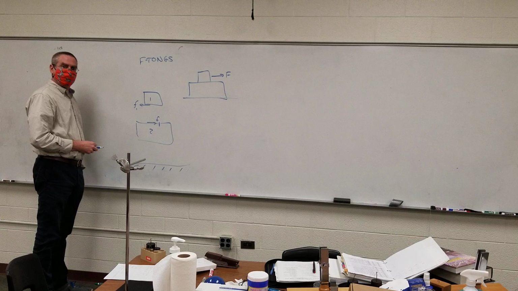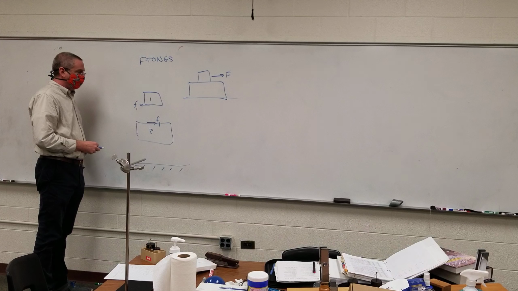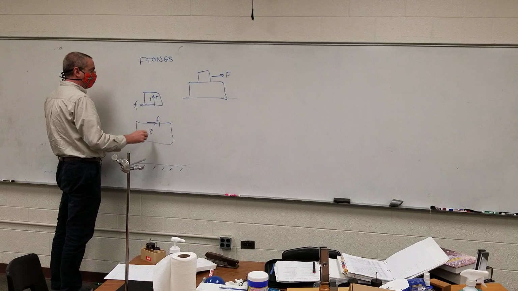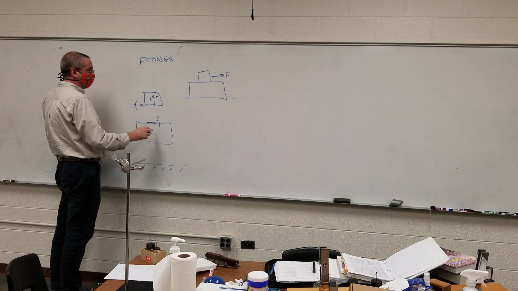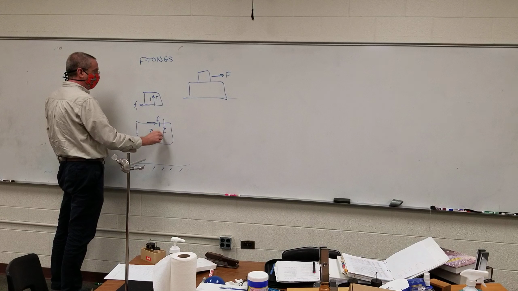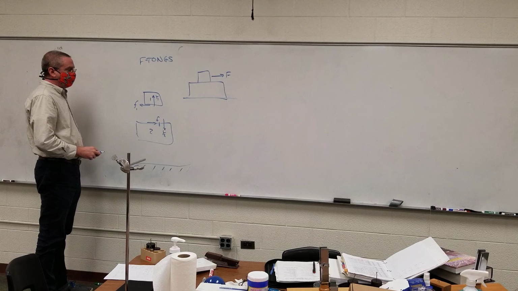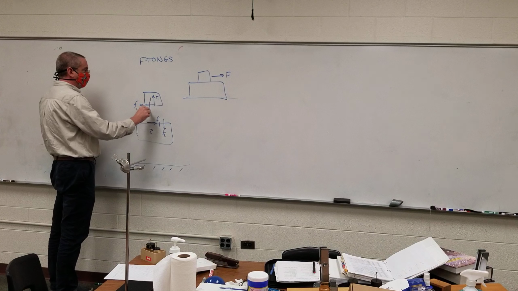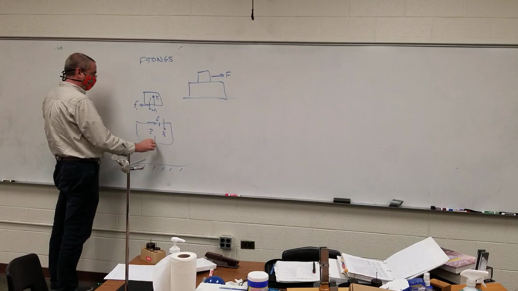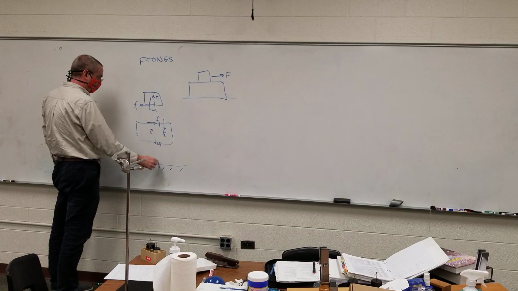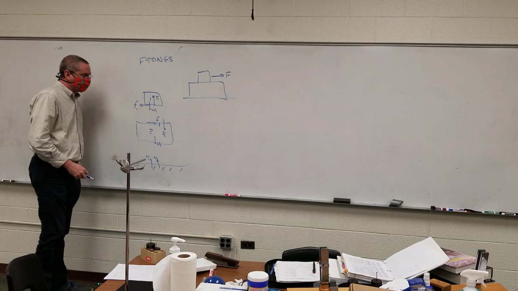And you have a normal force acting up on one, and that same force going down on two. You have weight acting down on both, and then up on the ground. I think that's it.